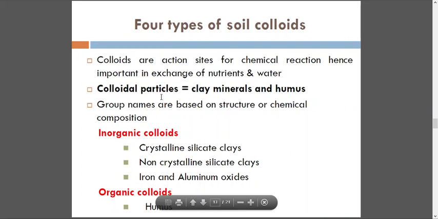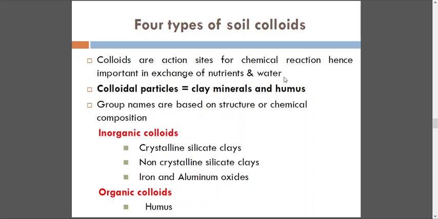Then we also want to look at the types of soil colloids, which are grouped into inorganic colloids and organic colloids. But before we go there, we see that colloids are action sites for chemical reactions, hence important in the exchange of nutrients and water.